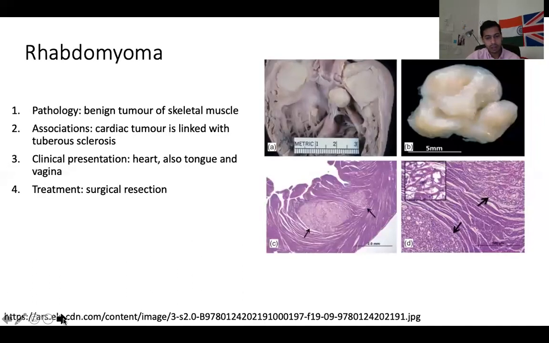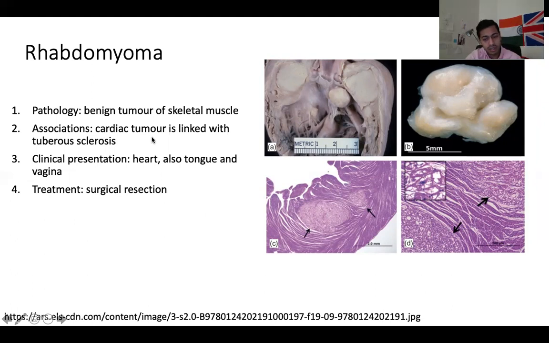Right, now we're coming to the last few tumors now, the last two. So this is a rhabdomyoma. This is a benign tumor of skeletal muscle. It's usually more commonly seen in the heart, and as a result, it's a heart tumor that is linked with tuberous sclerosis.